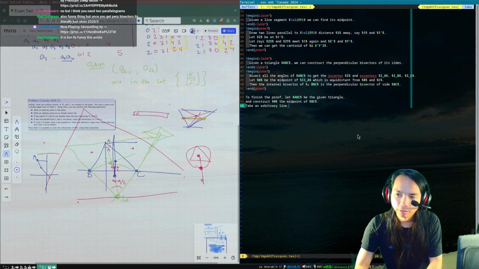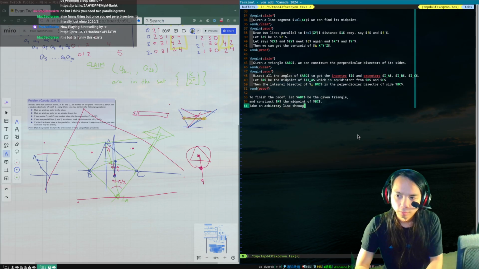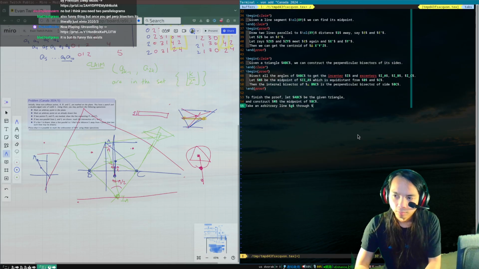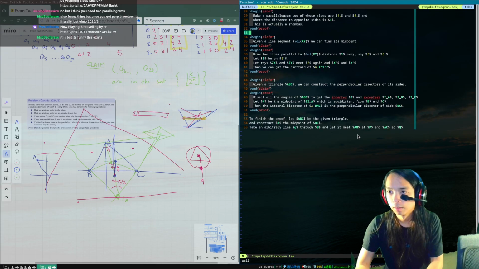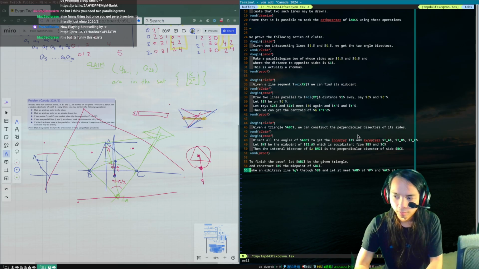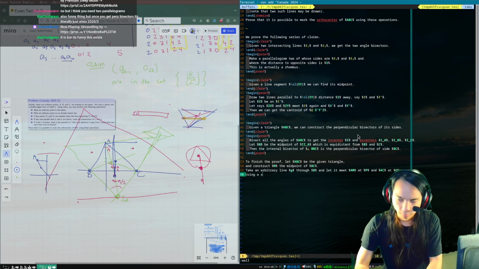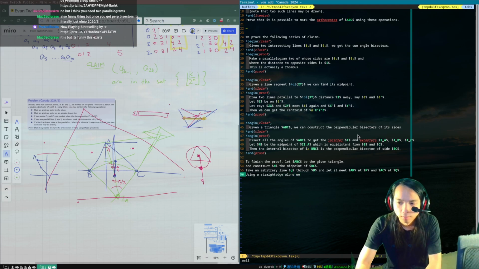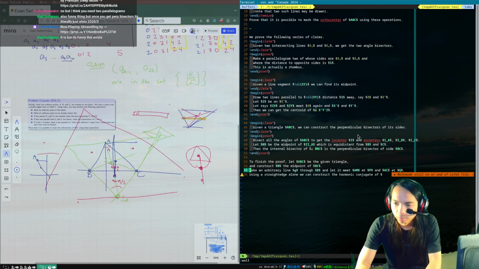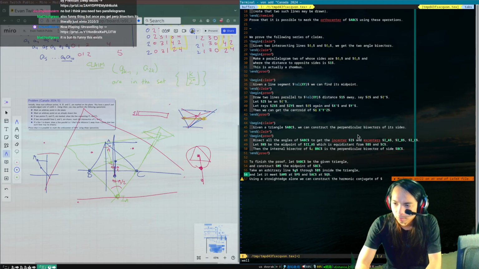Take an arbitrary line through, and we can construct the harmonic conjugate of P with respect to BQ.